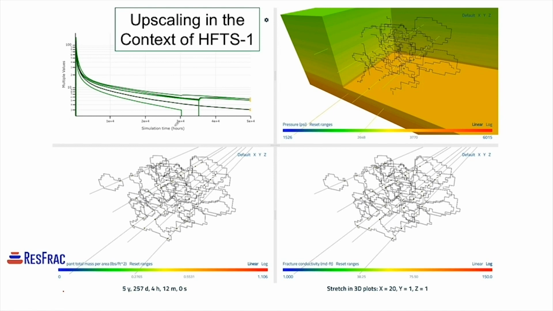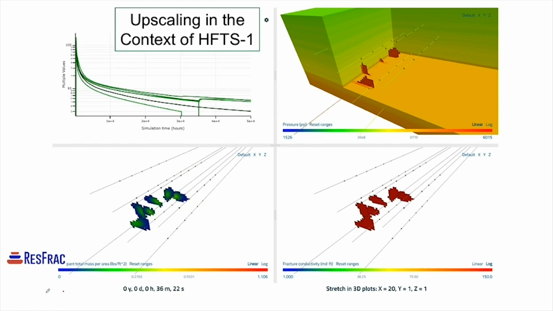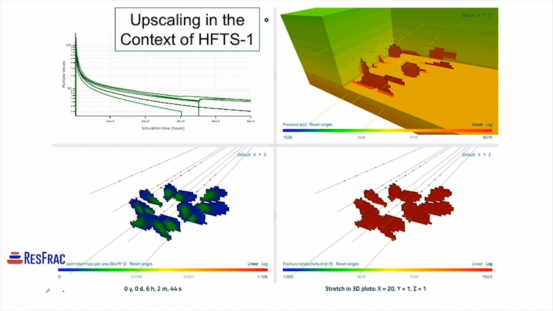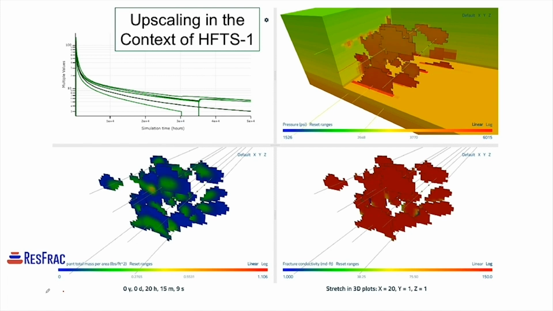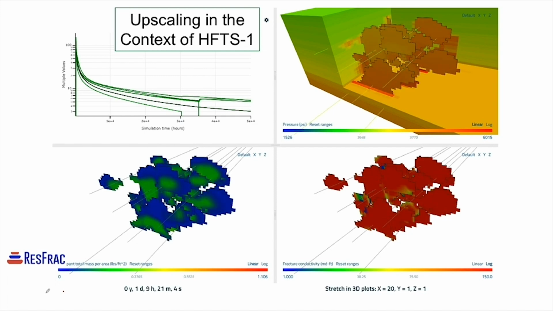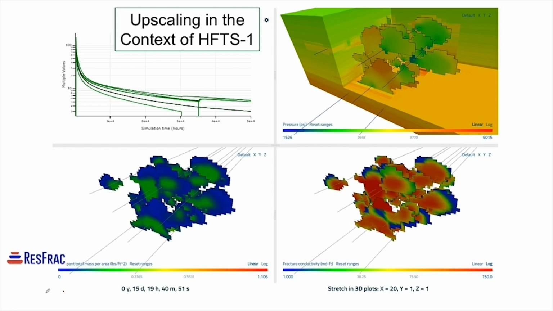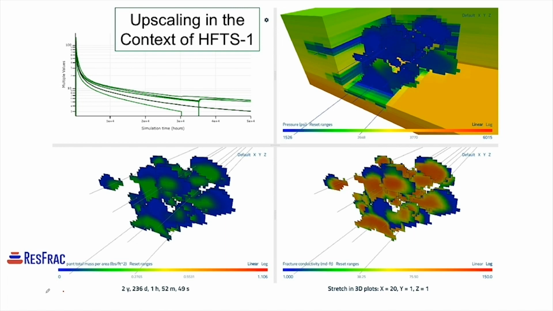And in fact, here we go, there it is, propagating and interacting with each other. Pressure is shown in the upper right, the conductivity of the fracture, which results from the distribution of proppant, and the distribution of proppant itself in terms of mass per area is shown in the lower left.